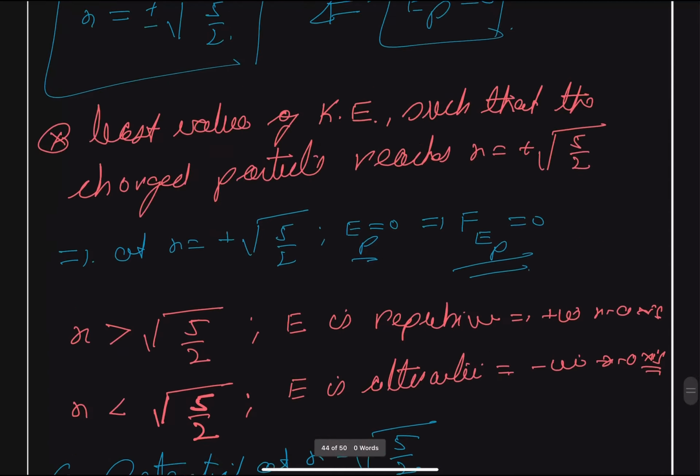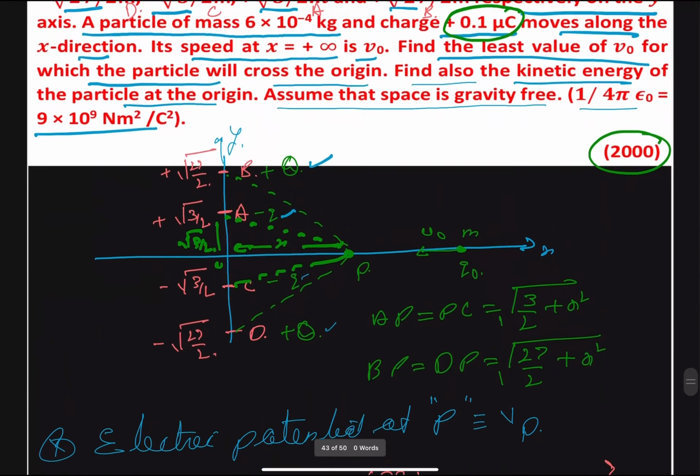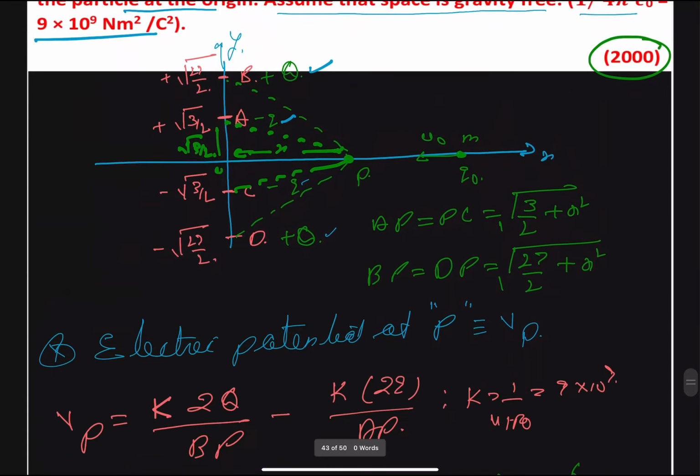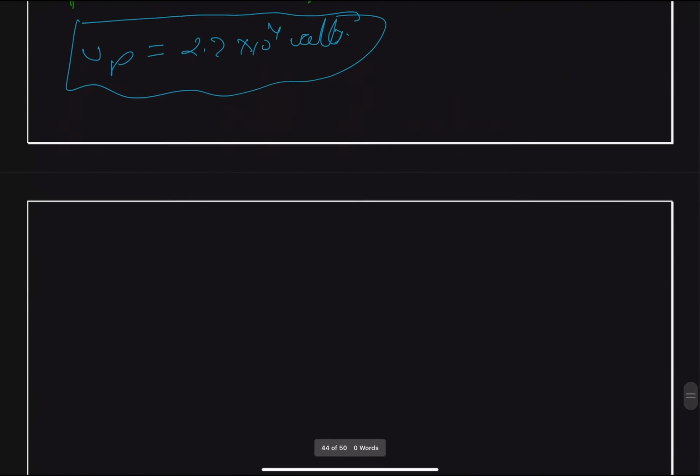Now we have to find out the energy also. Oh sorry, kinetic energy we need to find out. We only found out the potential. So we can say conservation of energy from x is equal to infinity to x is equal to square root of 5/2.